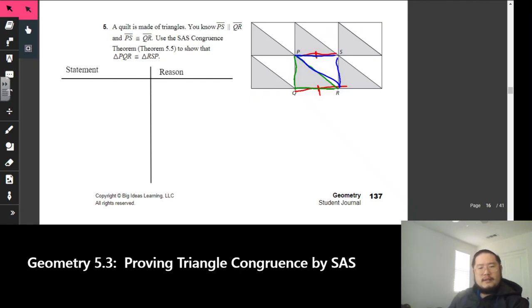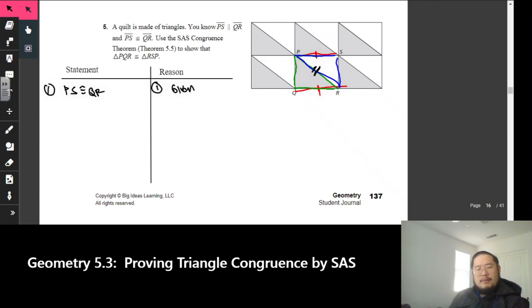All right, so let's go ahead right here. Statement 1, let's put what's given. PS is congruent to QR. That's in the statement above, given. What else do I know? Well, we have to remember that we need to include another side. If I look right here at the diagram, I can see that in both triangles there's red and blue on the diagonal of the triangle.